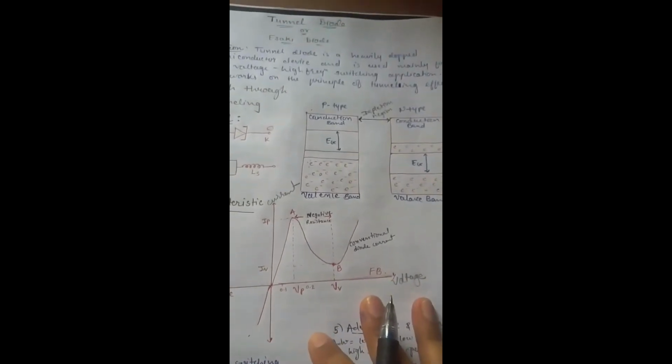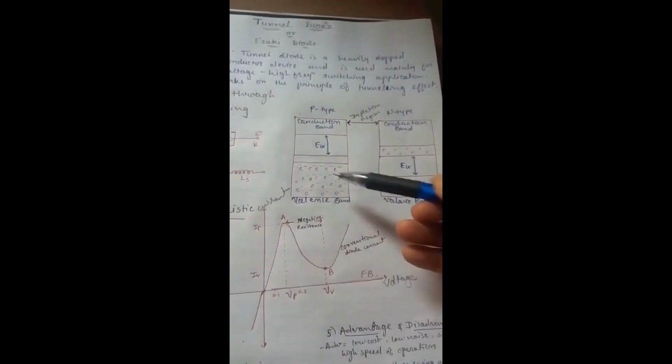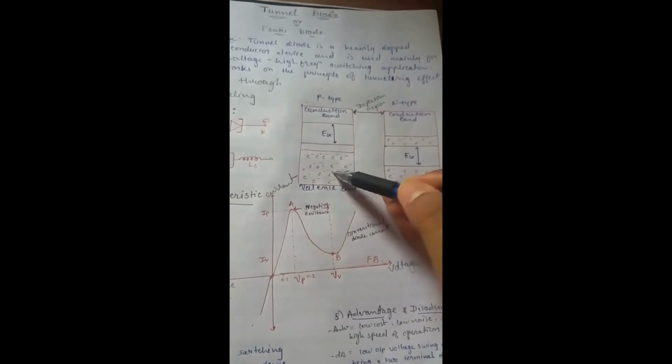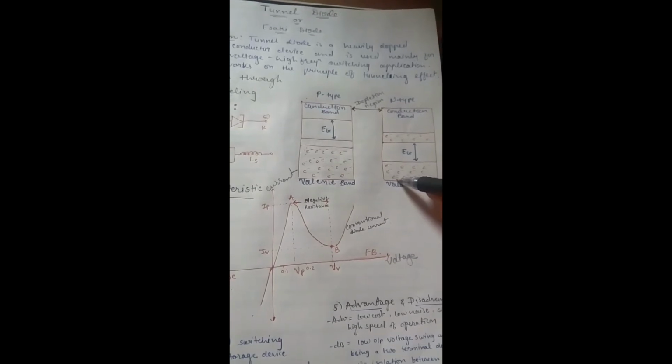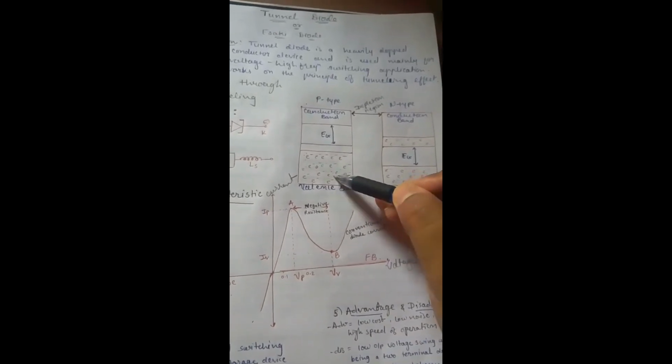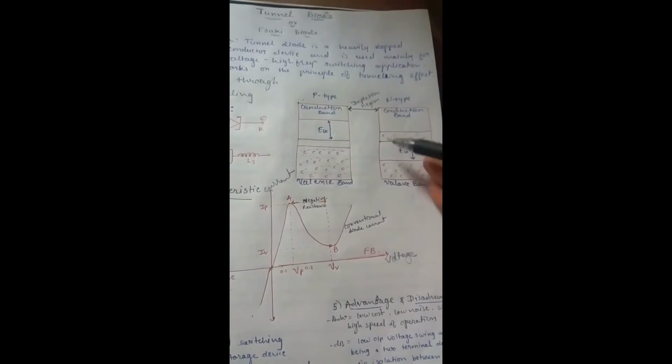For the reverse bias and forward bias operation or characteristic, in forward bias you can see more electrons are present in the n side. As and when input is given, see here, so many electrons are present, and all these electrons will move with the help of biasing from p to n type, from the valence band to the conduction band, and from the conduction band to the valence band.